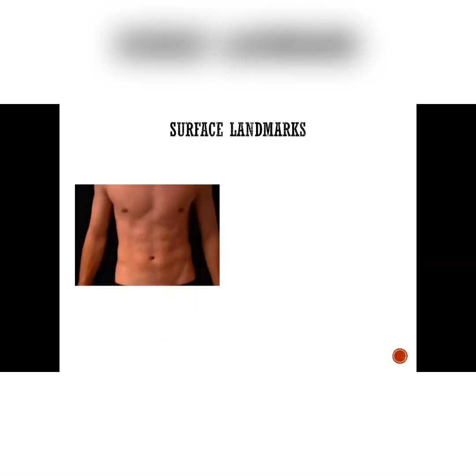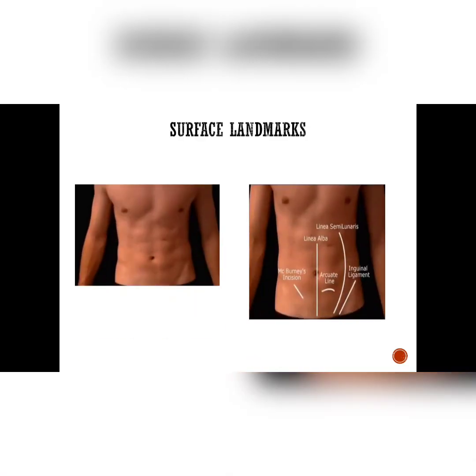So we are going to deal with the surface anatomy of the abdominal wall. If you think of a person who is physically fit, we can see certain projections of the muscles and certain linear ridges. Two of these linear ridges you need to know for the introductory session.